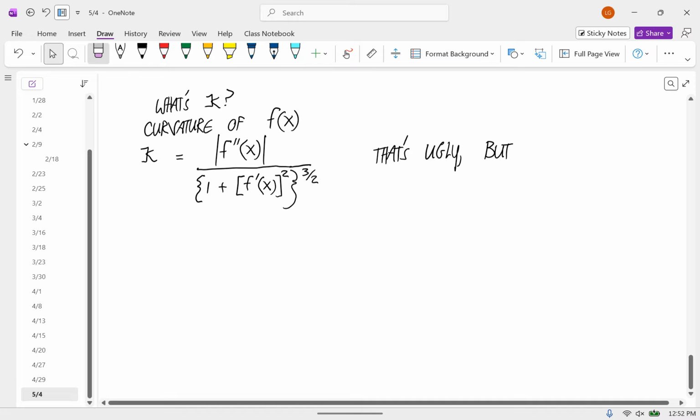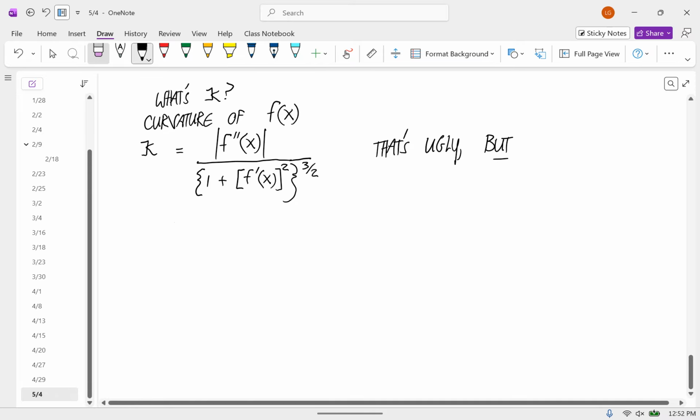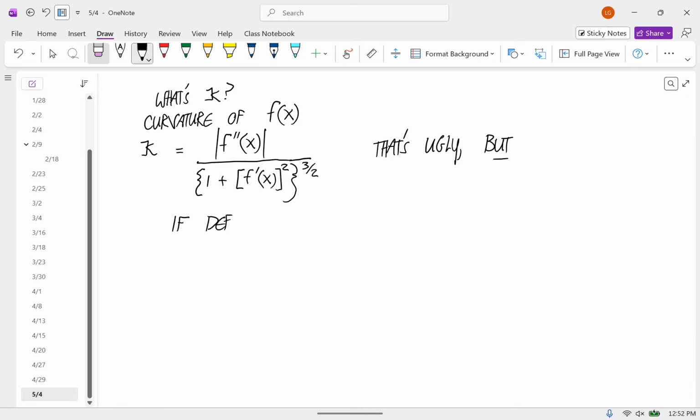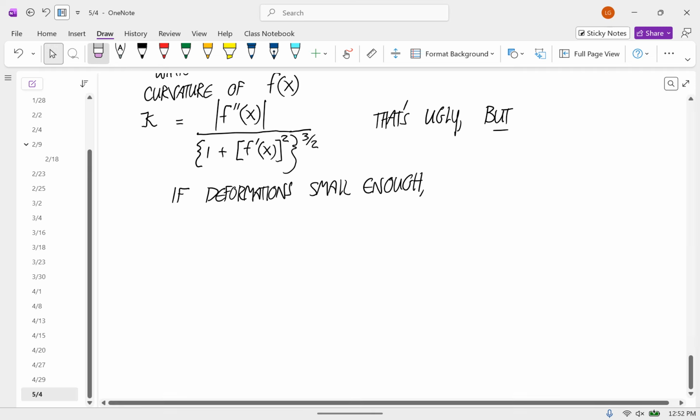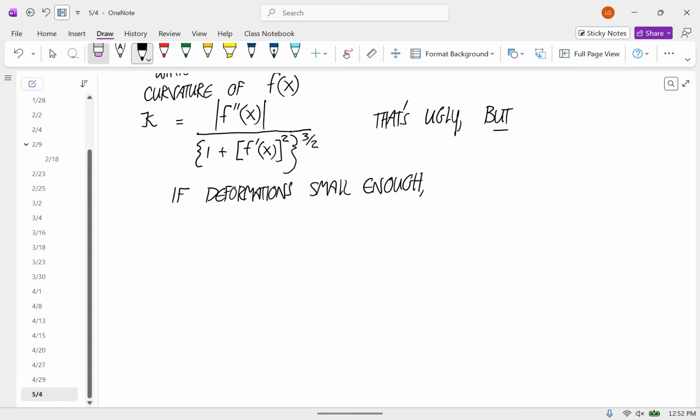Okay. So what happens if you have very small deformations? So if they're small enough, notice that the effect of that is, so let's think of a function representing the height of the beam at every point.